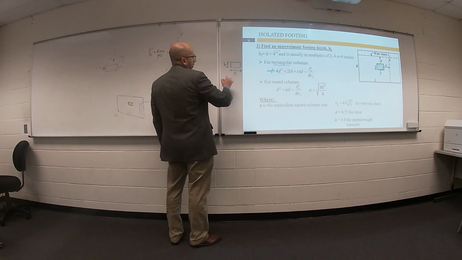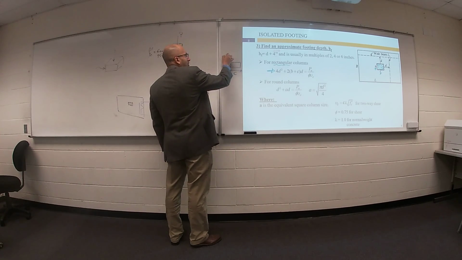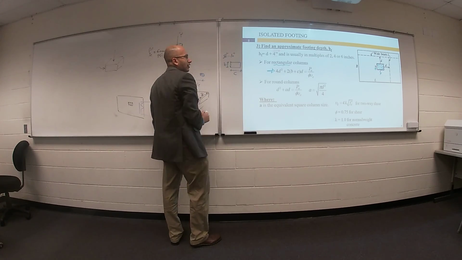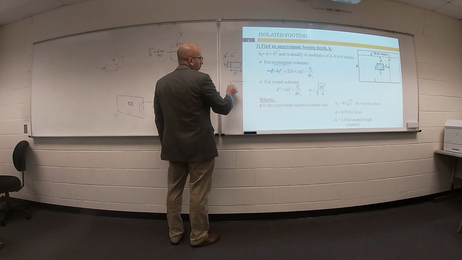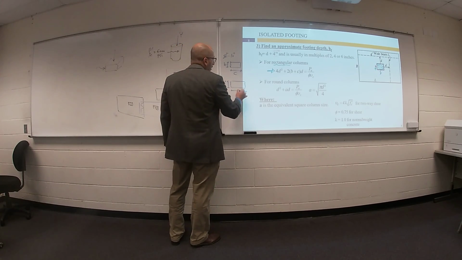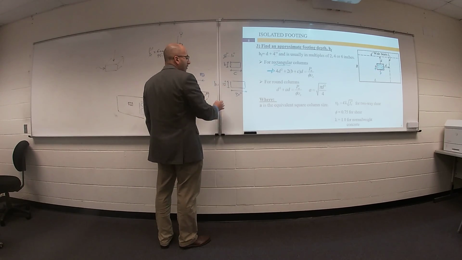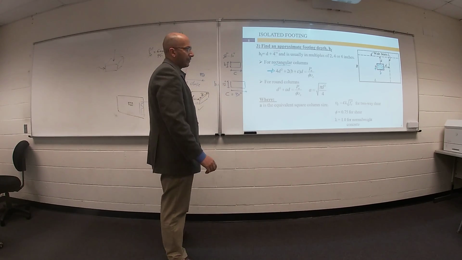The minimum dimension, anybody remember? 8 to 10 inch. So maybe your column is 12 inch times 30 inch. That means B equals 12, C equals 30.